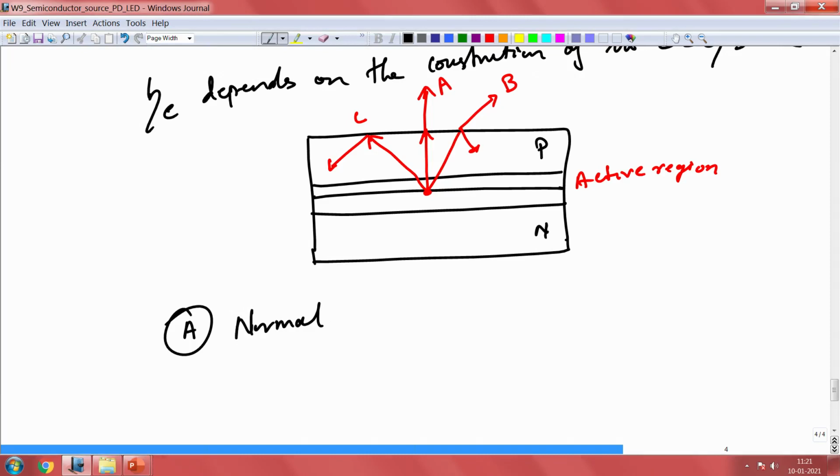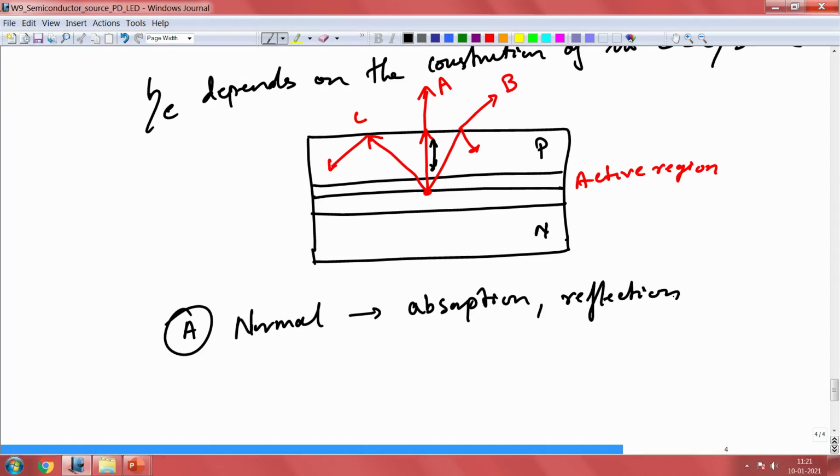There are two phenomena that could happen when the light is propagating through this medium. One is absorption. In the medium it is traveling a certain distance, so it will have some absorption associated with this. The next thing is reflection.